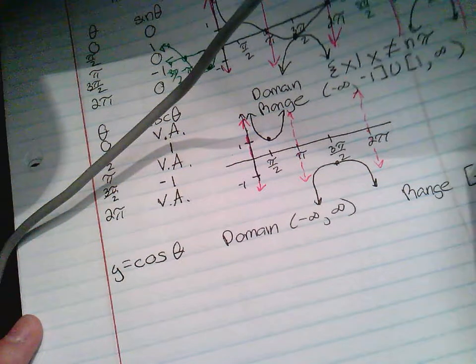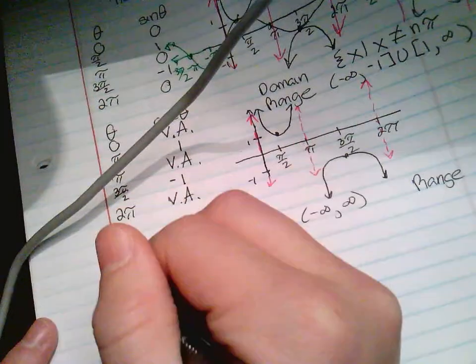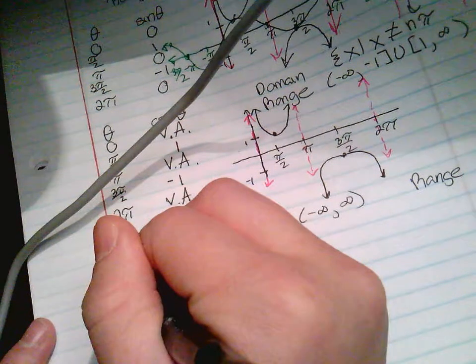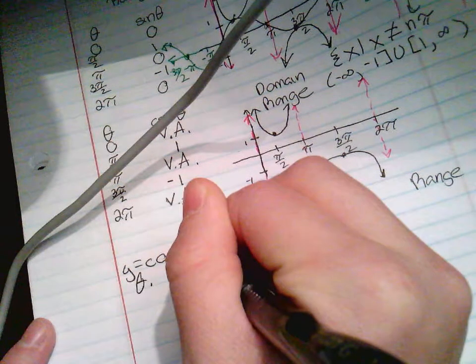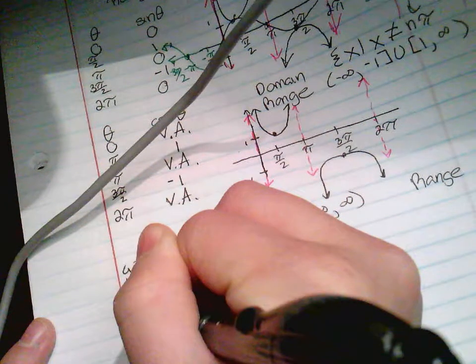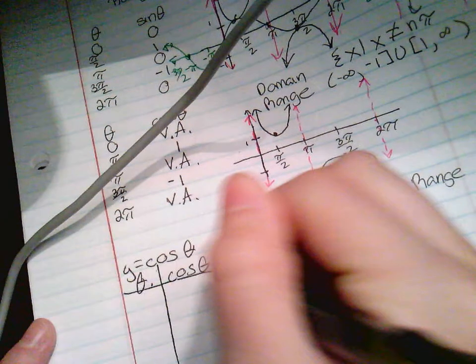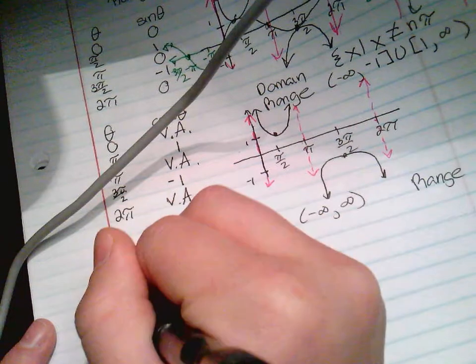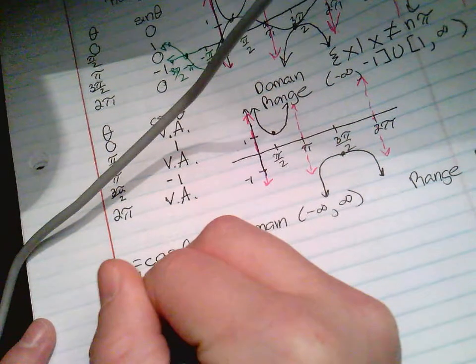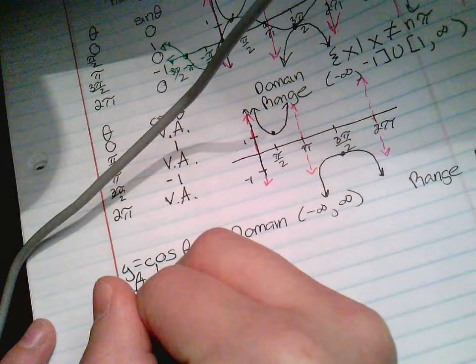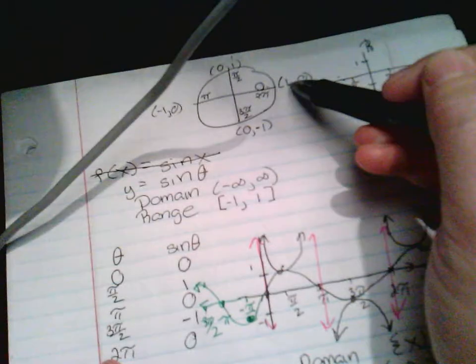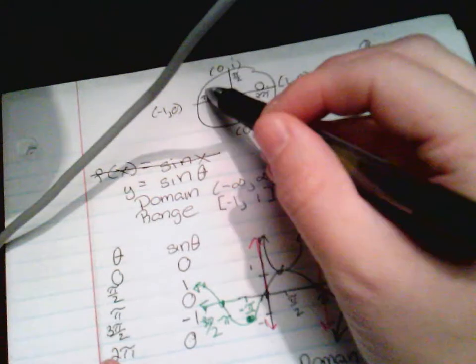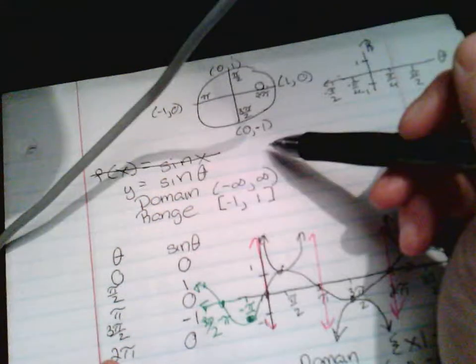So we're going to have theta and cosine of theta. 5 key points, the same as sine, are going to be 0, pi over 2, pi, 3 pi over 2, and 2 pi. Okay, the cosine of 0 is 1, the cosine of pi over 2 is 0, the cosine of pi is negative 1, cosine of 3 pi over 2 is 0, and the cosine of 2 pi is 1.